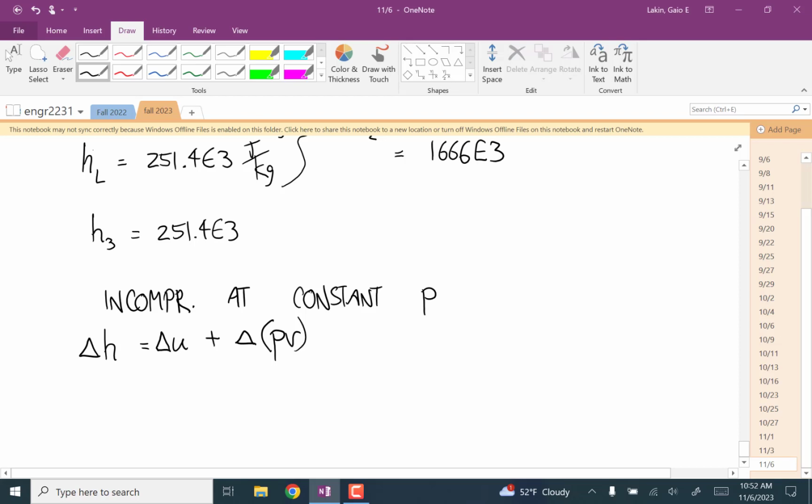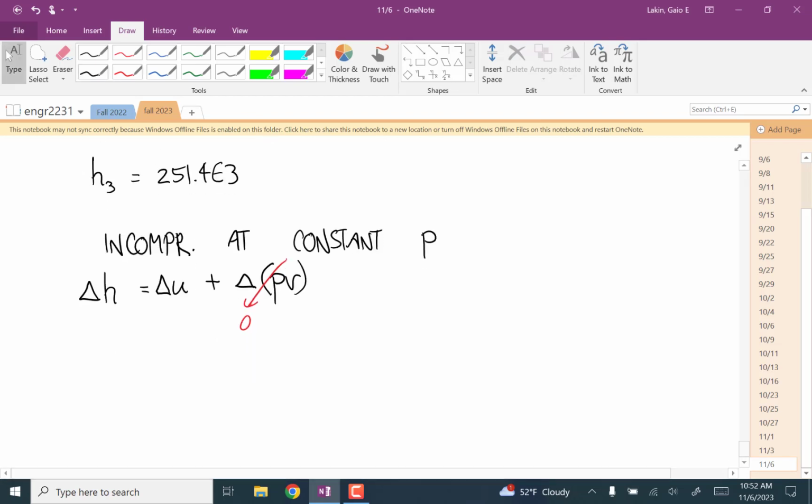Well, what's delta PV if you have constant pressure and it's incompressible? Incompressible means v is constant. Constant pressure means p is constant. So this just goes away. And so the change in specific enthalpy is just equal to the change in specific internal energy. So this is just equal to c times the change in temperature.